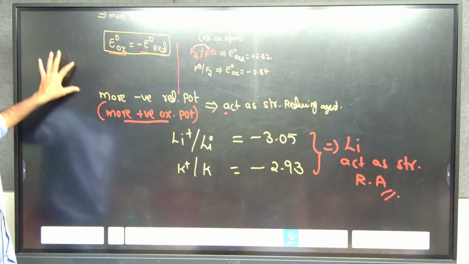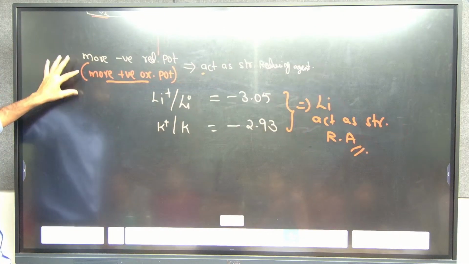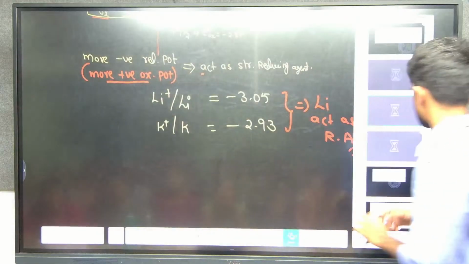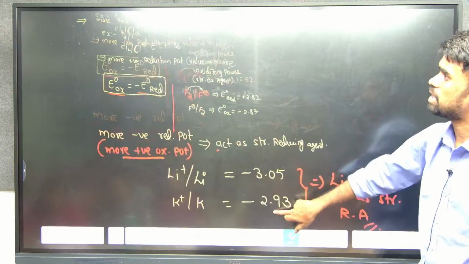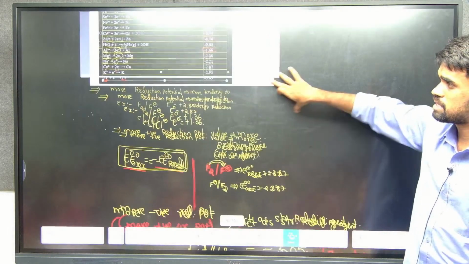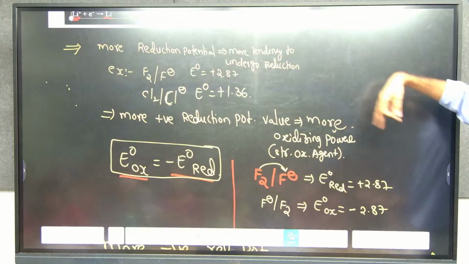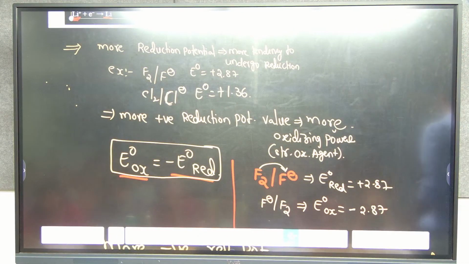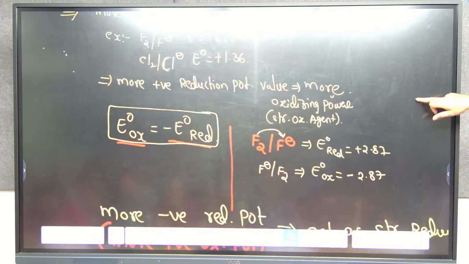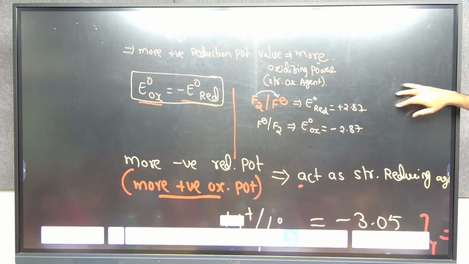But from the exam point of view, they will give you the values like this. Anyway, I will show you one. First read these lines and understand what we have written. Finish them. If you finish this, we will do some questions, then you will get more clarity on this.